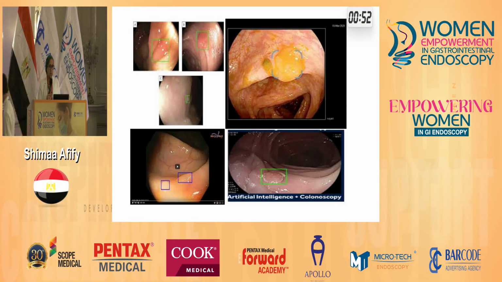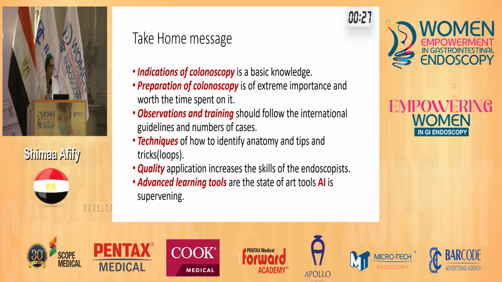There is a big debate now about whether the AI will replace experienced mentors and doctors, and I don't think this is really happening, because our mentors and experienced endoscopists are the ones who teach the AI systems what is correct and what is mistaken. And thank you for listening to me.